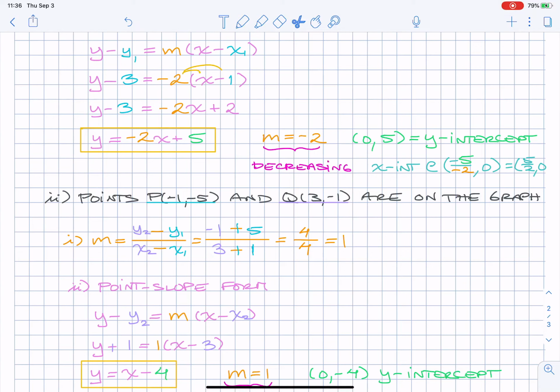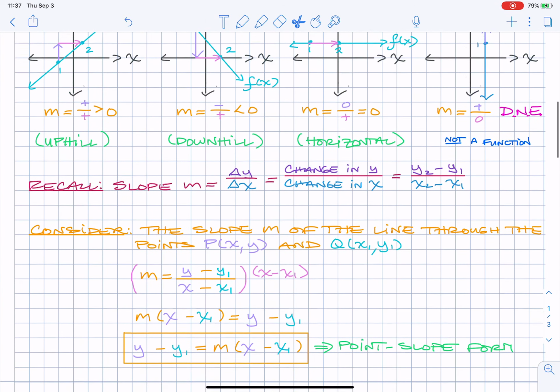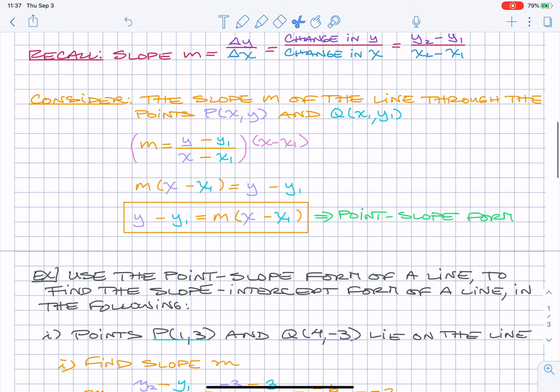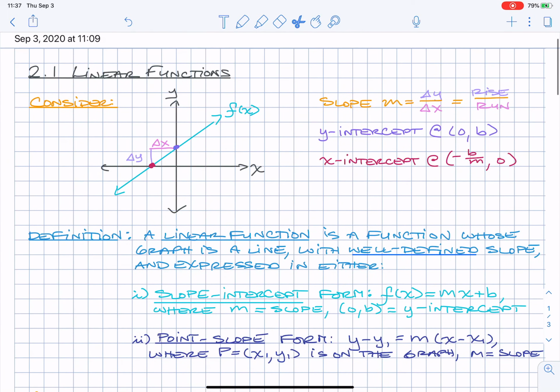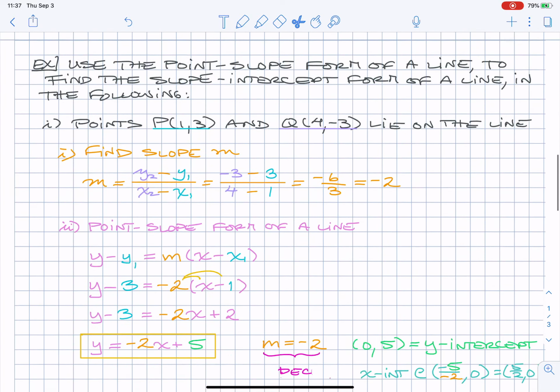And I think I'm going to move that to the left a bit. Five halves, comma 0 for our x-intercept. And for this, maybe I'll just put DEC so I'll have myself more room. Because remember, what was the x-intercept? Where did I put it? Yeah, here we are. Negative b over m for the x-coordinate.